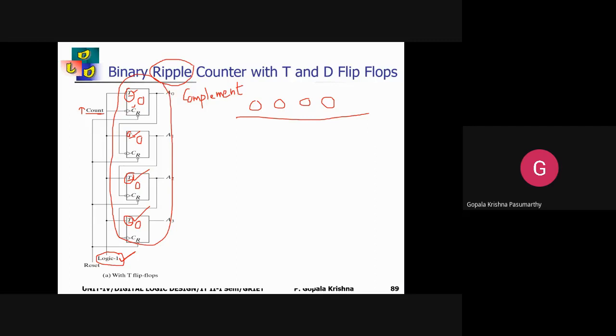But what are we waiting for? They have been waiting for the clock to be active. So the flip-flops are ready to complement because T is connected to 1, but when will they complement? If and only if the clock is active, because a flip-flop gets excited only when the clock is excited. Now you see I have given my count as 0. There is a bubble here. Can you see the bubble here?